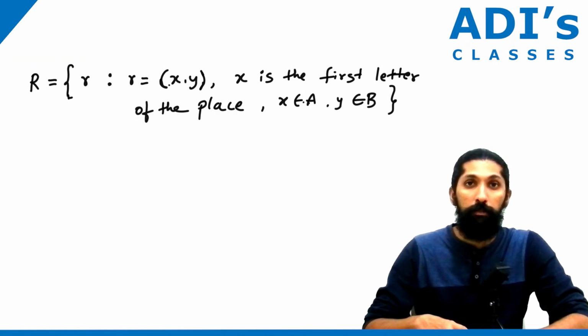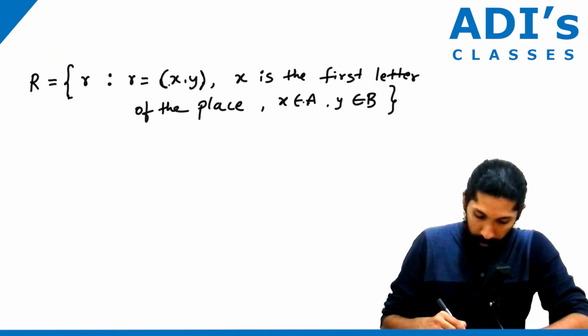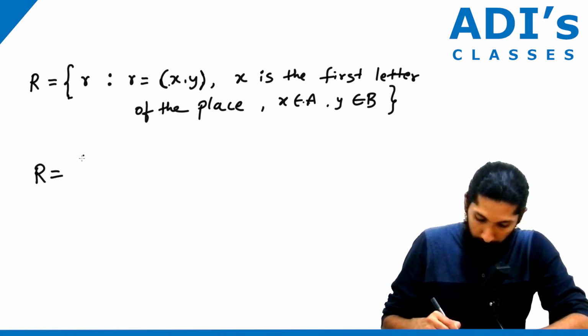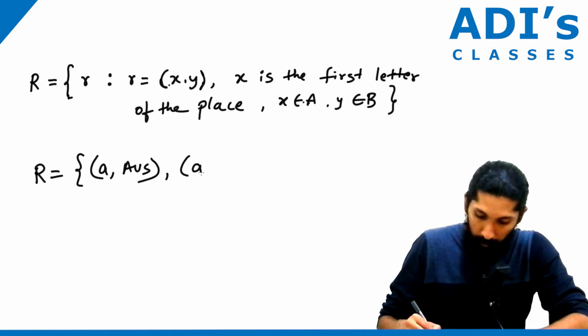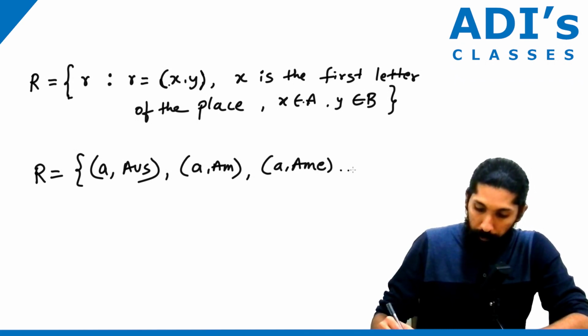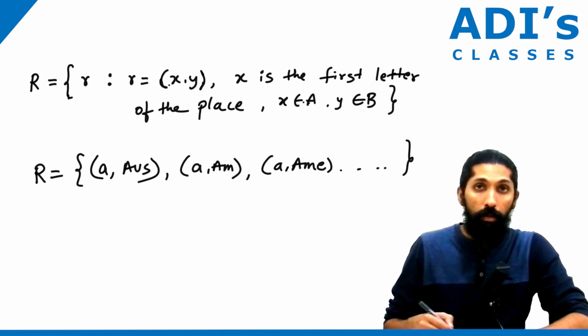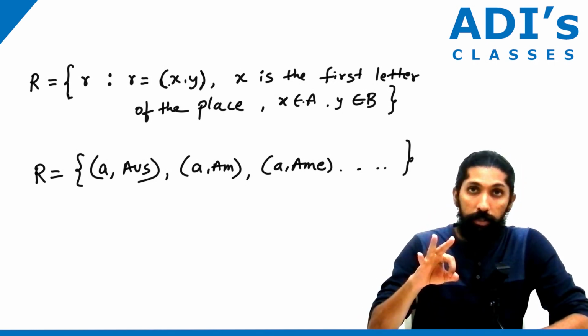Now if you have to do the same thing in the roster method, again a relation R is equal to: (A, Australia), then (A, Amarnath), then (A, America). Like this, we can keep on writing, isn't it? This is the roster method. So there are three ways of representing a relation.